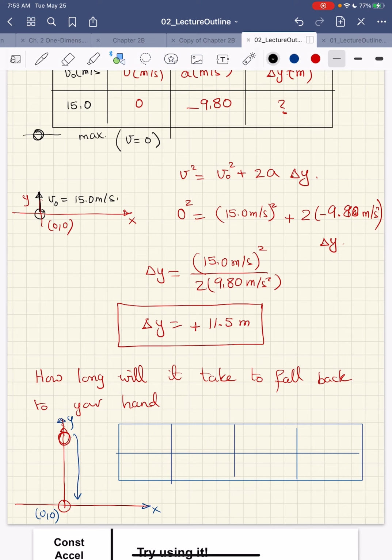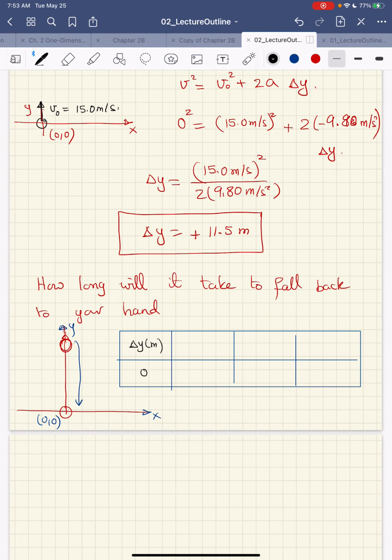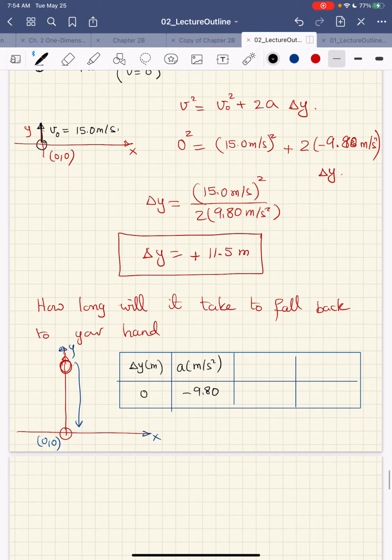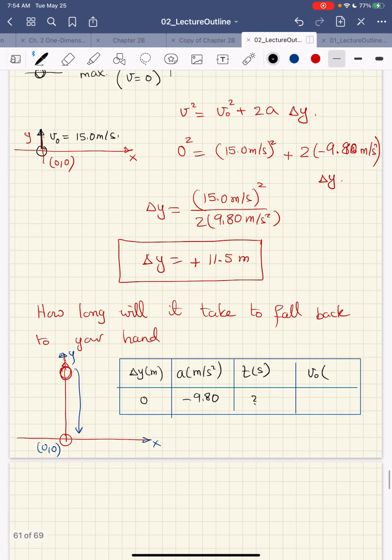Delta y is going to be 0 because it came back to where it was really launching from, and remember, this is displacement. I'm looking for how long, then I'm looking for the time. Also, the initial velocity was given as 15.